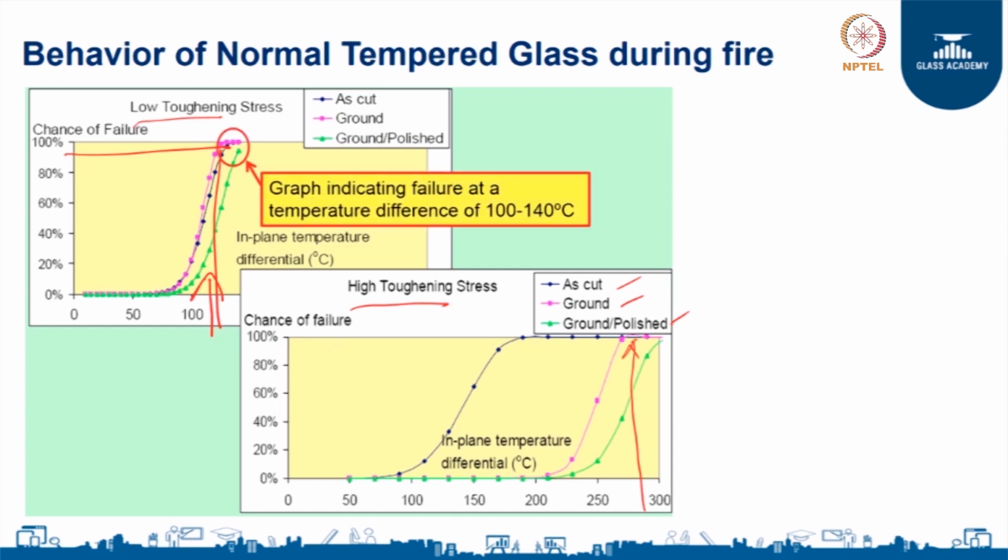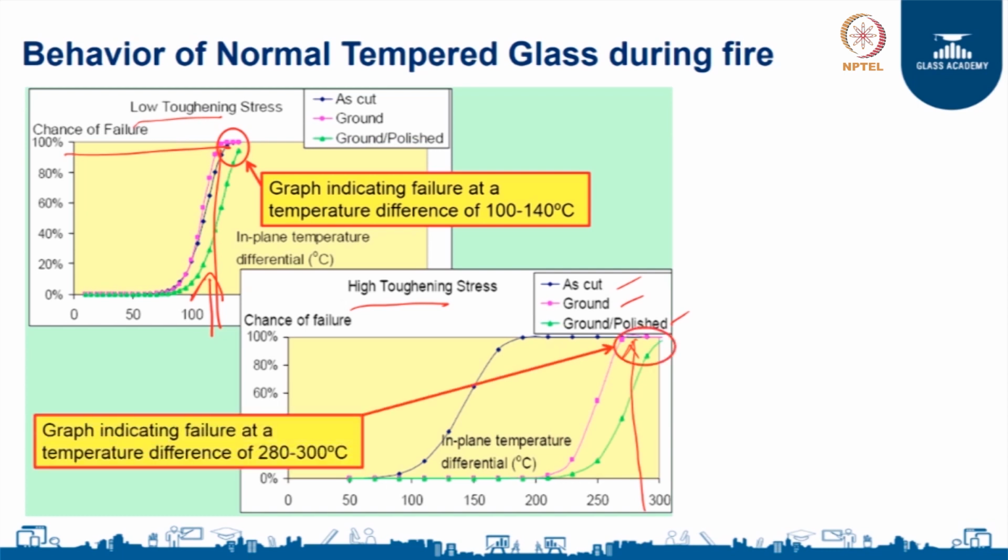Which means that a normal tempered glass is bound to break at a temperature of close to 300 degrees, and it does not serve the purpose when one starts using the same in a fire rated application.